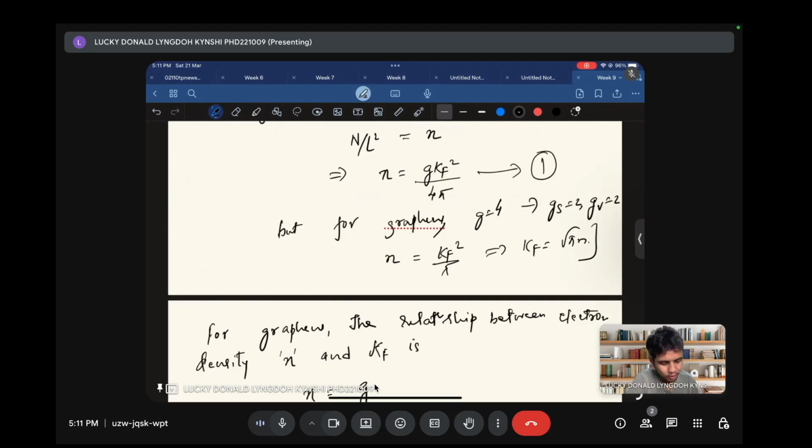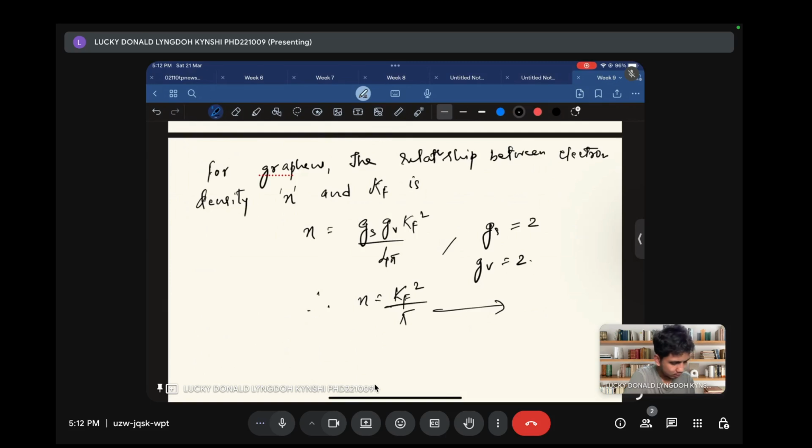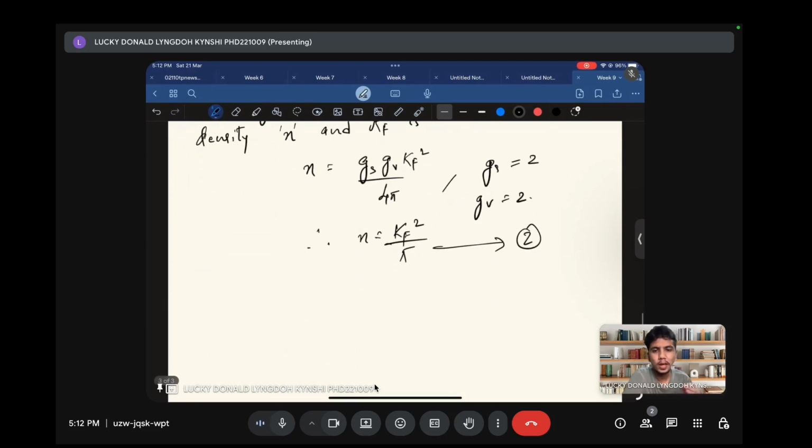Instead of g I will write gs, which is the spin degeneracy, gv, which is the valley degeneracy, kf square divided by 4 pi. Okay, so gs is the spin degeneracy, which is equal to 2, and gv equal to 2, or you can write n is equal to kf square by pi. Let's say equation number 2. Okay, so now you have the relation between n and kf.